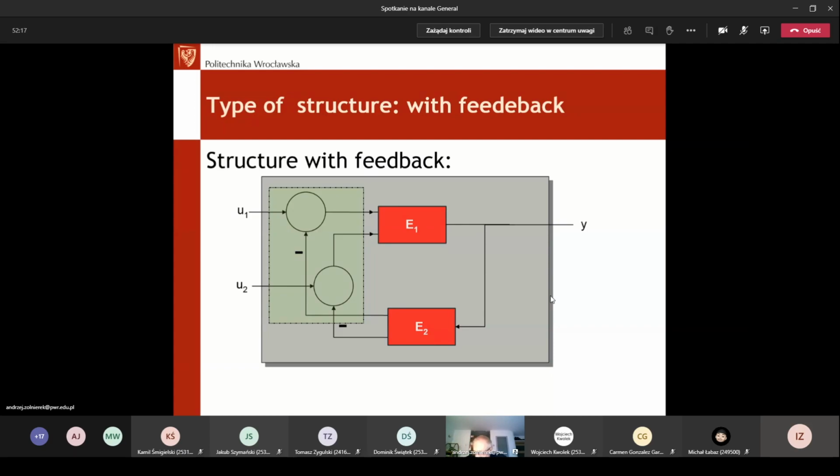We cannot change something inside. But applying this negative feedback, we can modify its properties in order to get the properties desired for our purposes. A different example of a system with feedback would be, for example, a room heater.